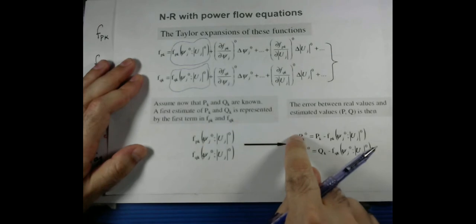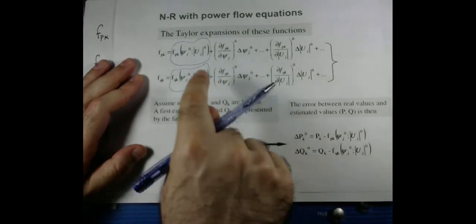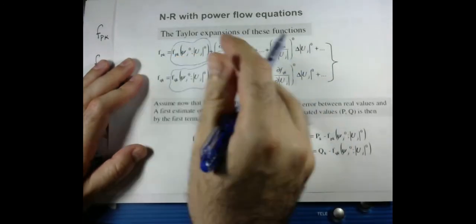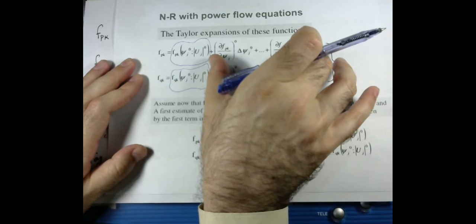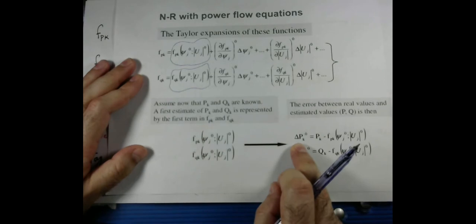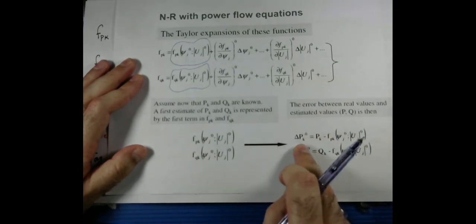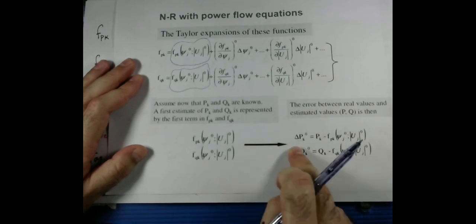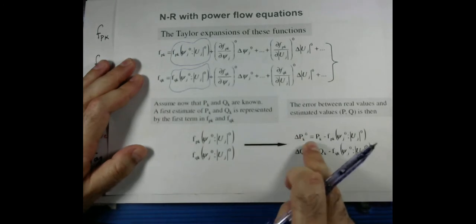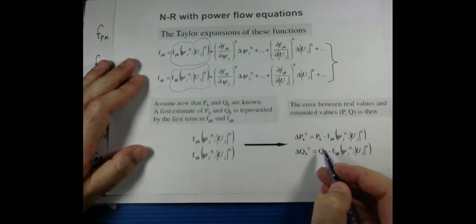So this will be the error in the first estimate, meaning that if we bring it to the other side, these terms will remain here, and the difference of these two we represent with error. Let me even write the expression for the error. Once again I repeat, we know the active and reactive power on some buses.